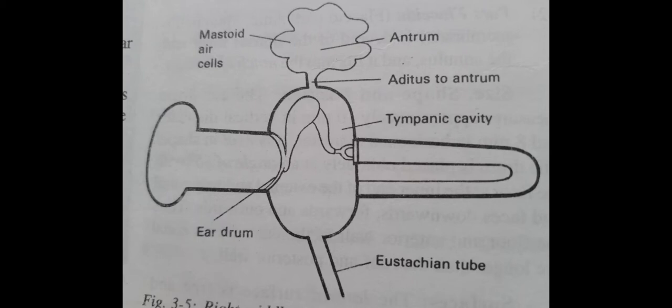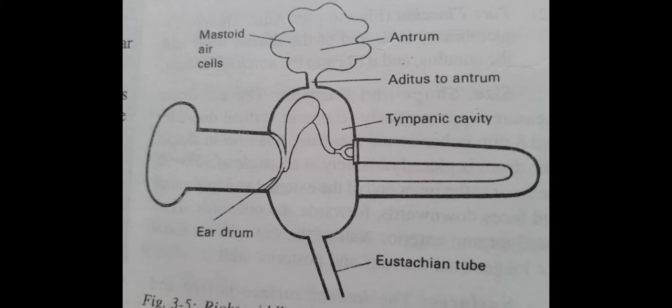The outer epithelial layer is continuous with the epithelium of the external ear. The second is the middle fibrous layer, which consists of radial and circular fibers, and the third is the inner layer, called the mucosal layer, which is continuous with the mucosa of the tympanum, that is, the mucosa of the tympanic cavity.